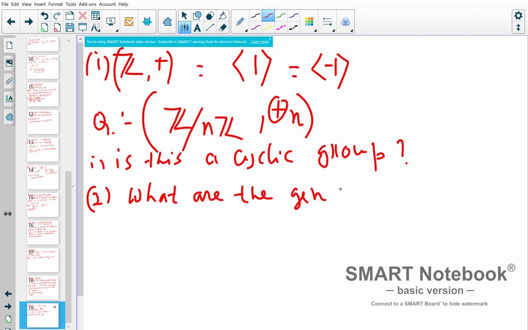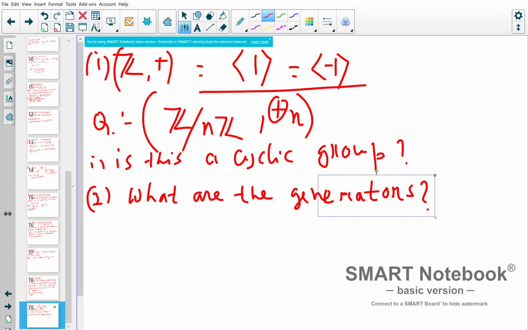A generator may be more than one also, right? You see in this example there are 2 generators. So this question you should think about.